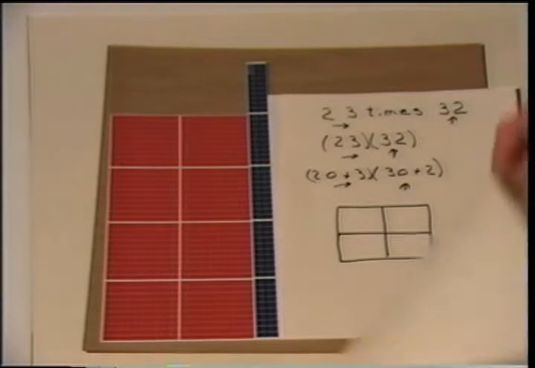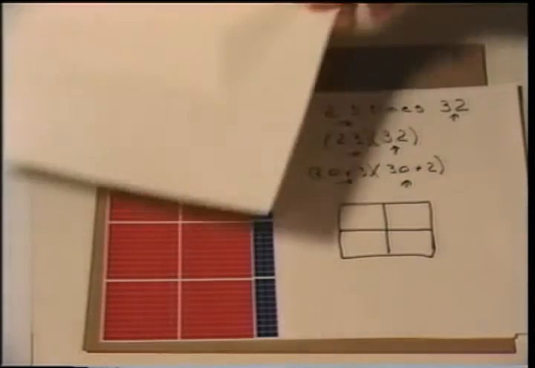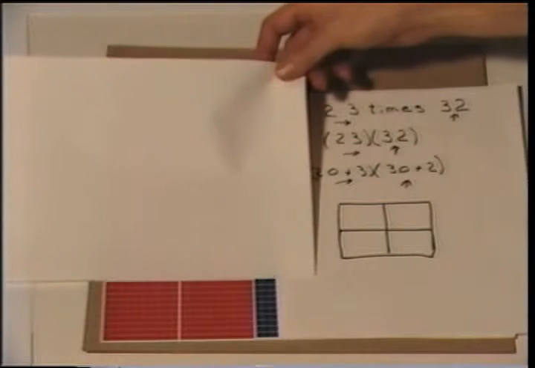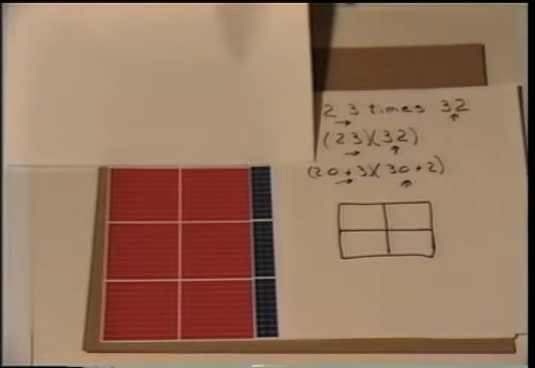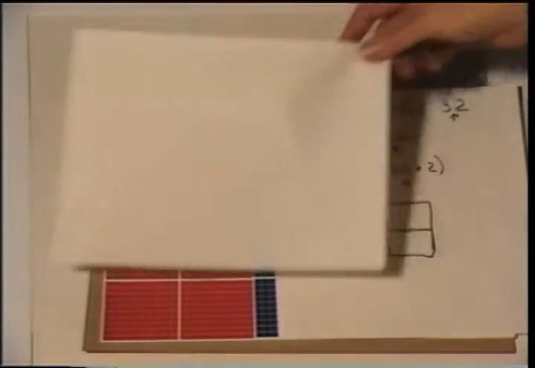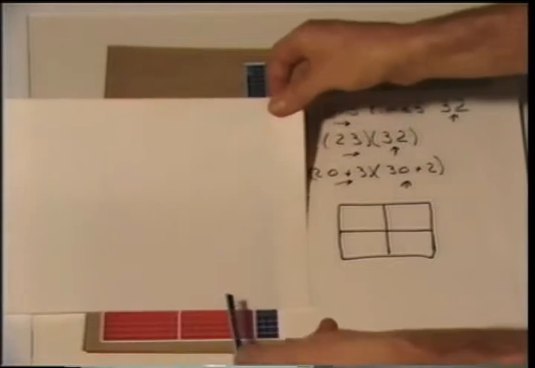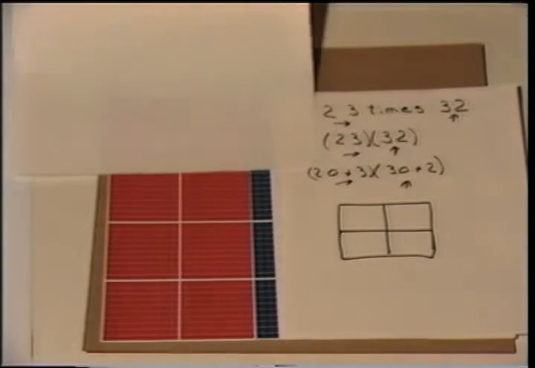Now I must come up 3 bars of 10. I will come up 1, 2, 3 bars of 10. It's very sensorial. We can see that we're moving up 1, 2, 3 bars.